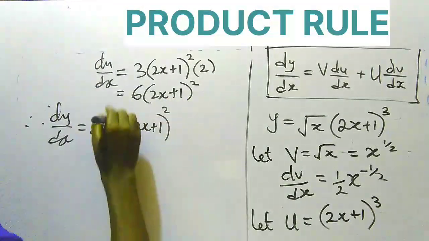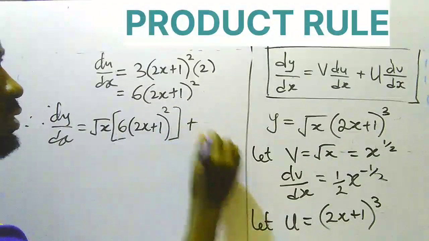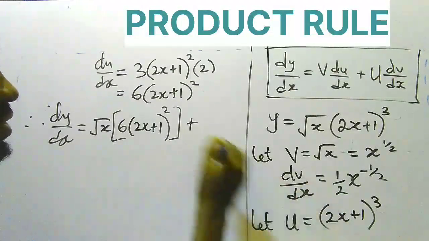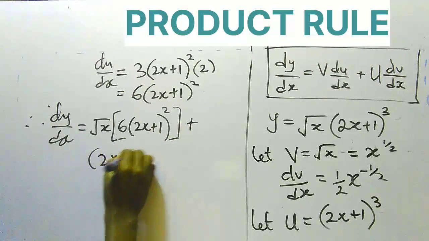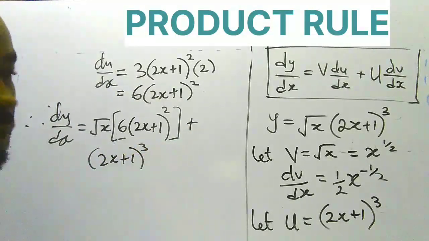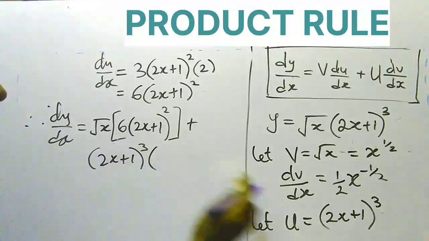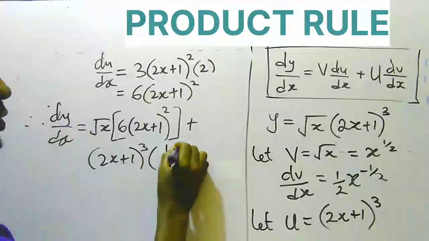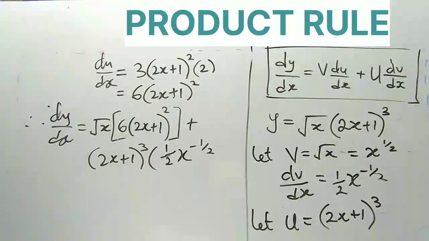Let me use a square bracket here so I don't mix it up. Then plus u. What's our u? Our u is 2x plus 1 all cube. Then times dv dx. What's our dv dx? It is 1 over 2 x to the power of minus half. Okay, so this is it.